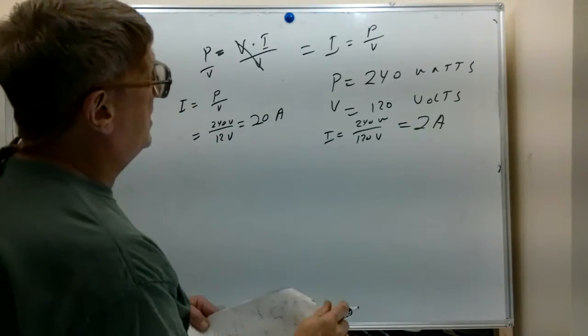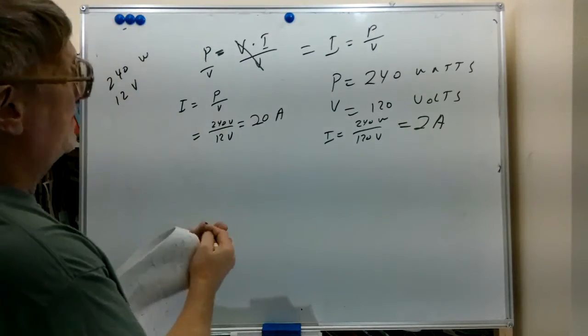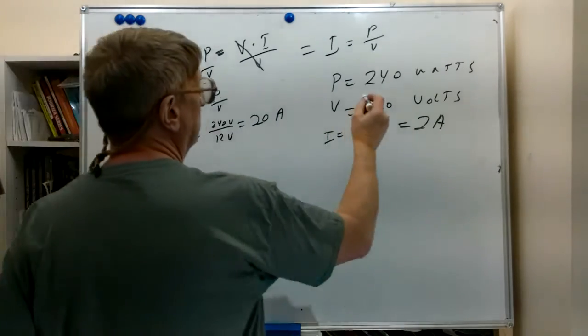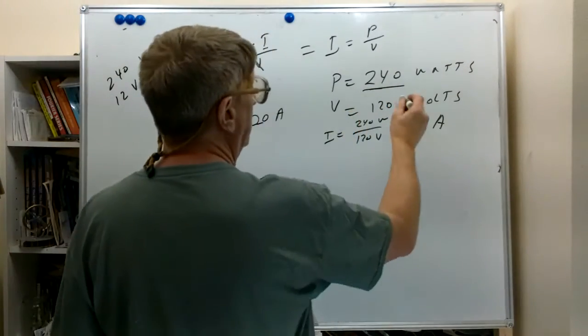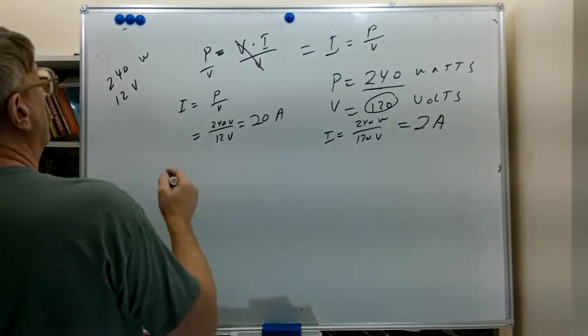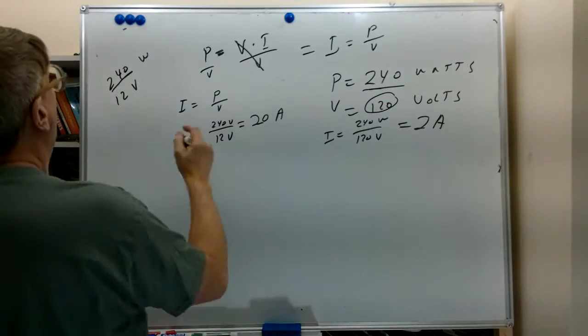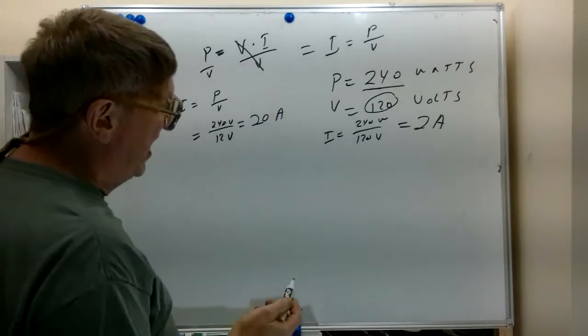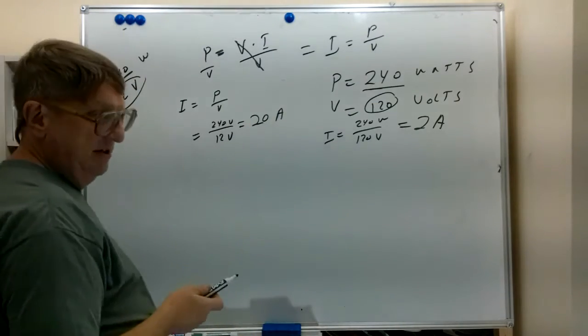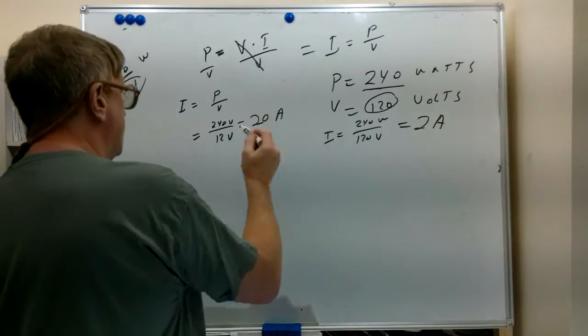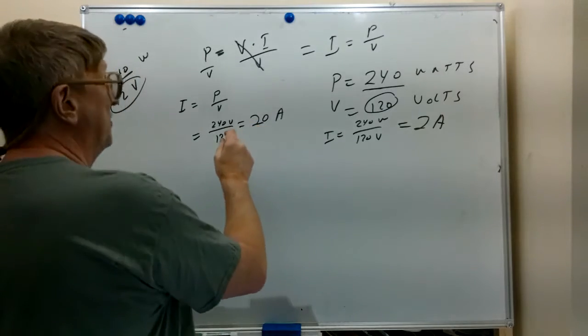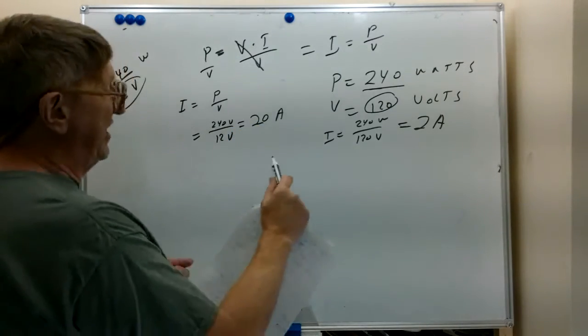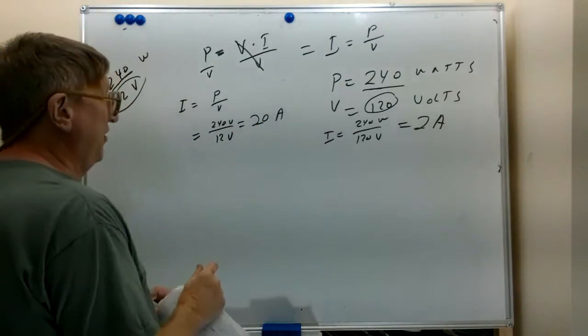So what we've seen here is we can get the same 240 watts using 120 volts or 12 volts. But what changes is the current. We need more current to get an equal amount of power with a lesser voltage. In this case, our voltages were a 10-to-1 ratio.